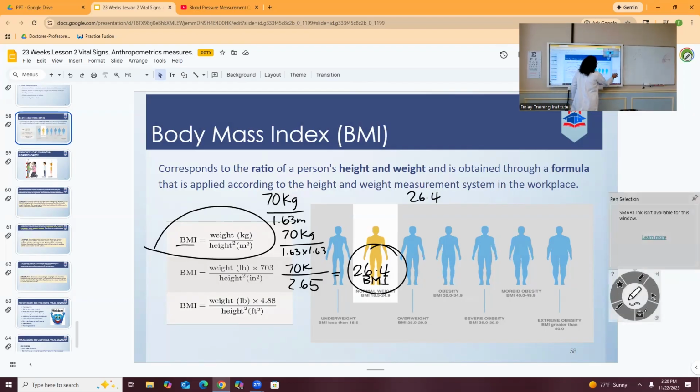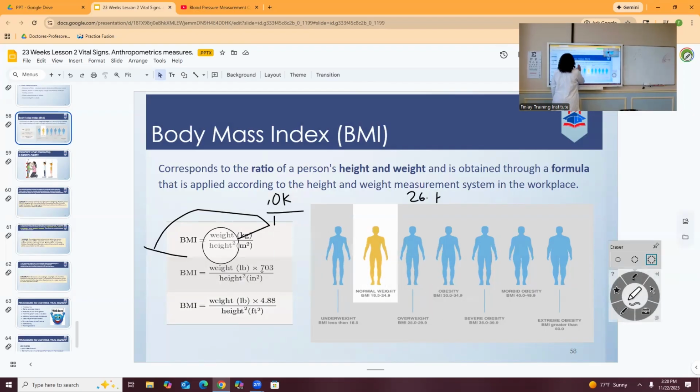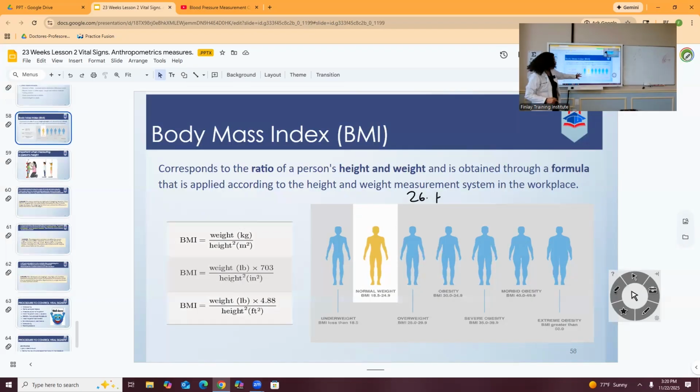Once we obtain the number of the BMI, we're going to come to this chart and look where the patient is. The normal range is from 18.5 to 24.9. Underweight is anything under 18.5. Above 24.9, we start classifying the patient.